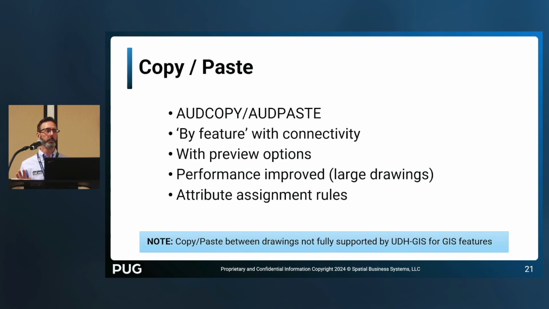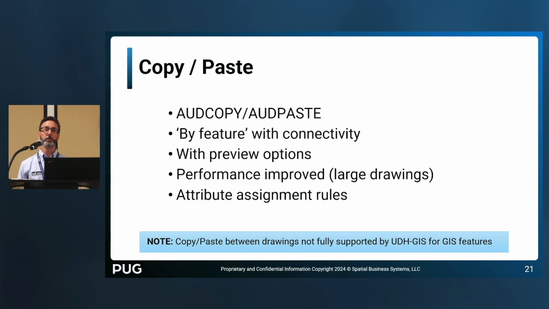I just want to make that clear so everybody is aware of that. Very interested in getting feedback from everyone here. If that's a scenario that comes up, we definitely want to hear what that workflow is, what the use case is, as we look into how to support that in conjunction with the UDH GIS.